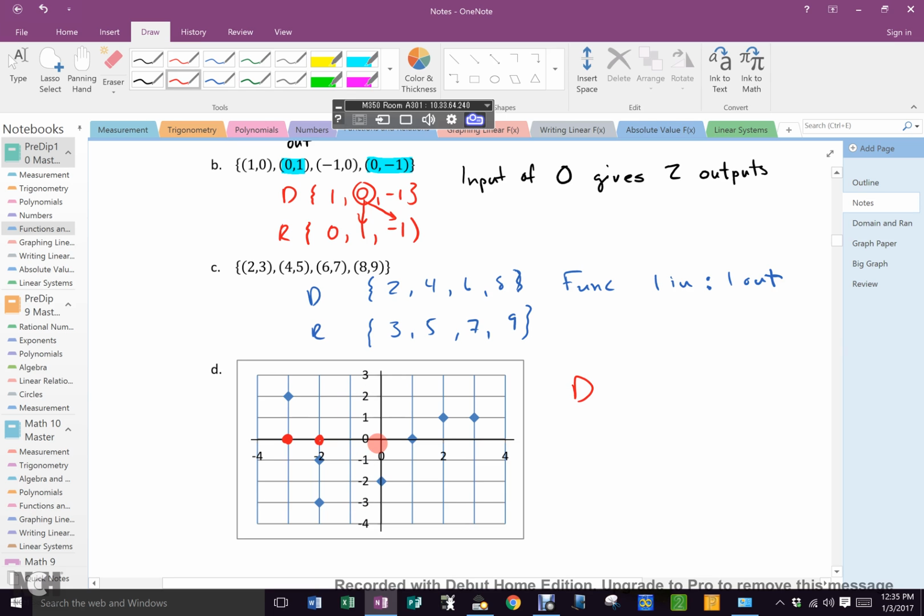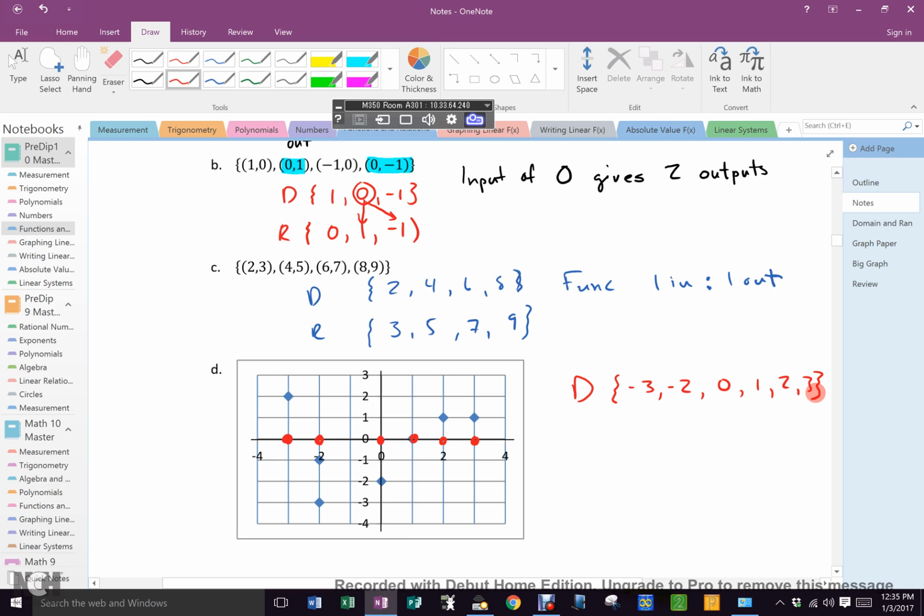No. Is there an x value at 0? Yeah. Is there an x value at 1? Yep. At 2? At 3? So what is my domain? -3, -2, 0, 1, 2, 3.